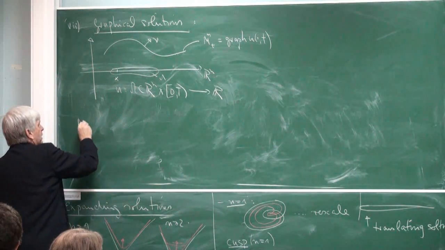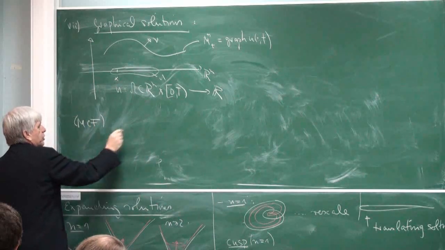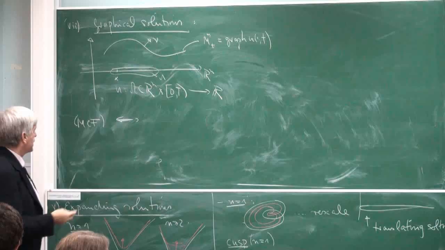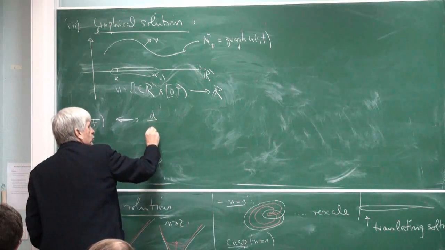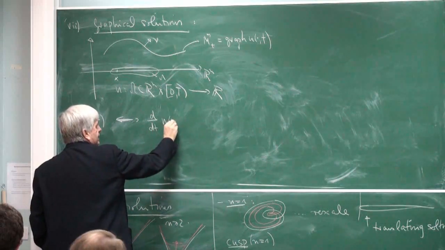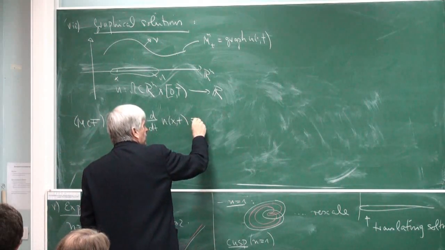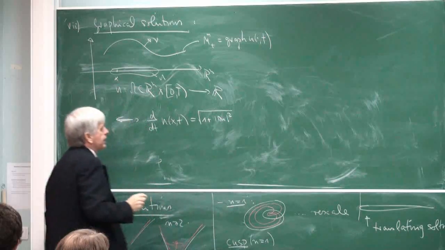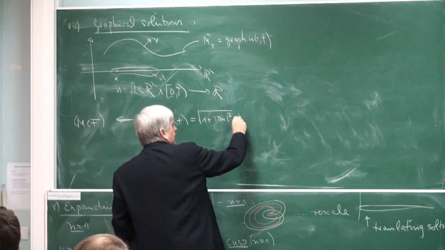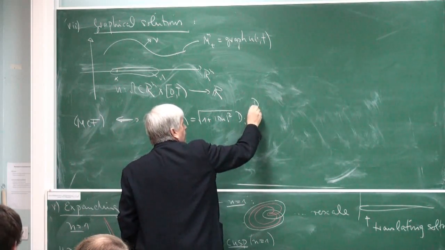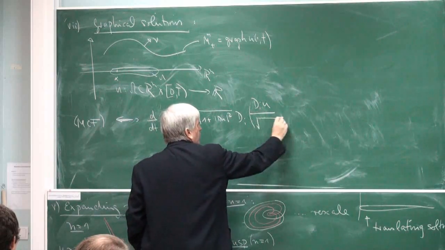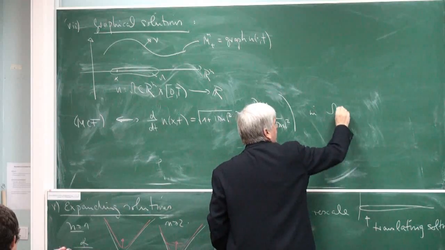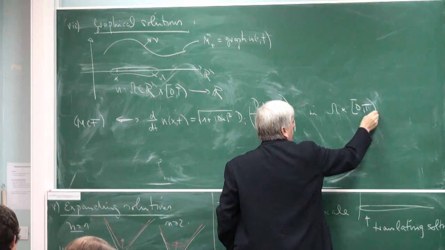And then it's a simple calculation, you can show that mean curvature flow in this case, up to tangential diffeomorphisms, is equivalent to an evolution equation for the height at x. d/dt u(x,t) is equal to the square root of 1 plus |Du|^2 at (x,t) times the divergence of Du over the square root of 1 plus |Du|^2, in omega cross t.